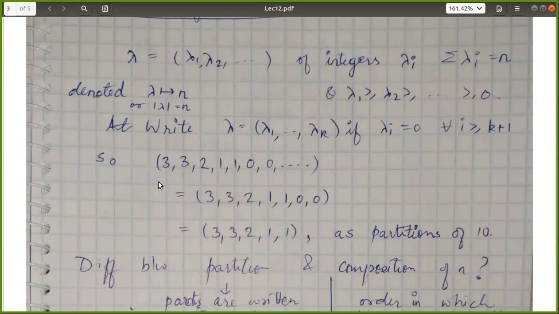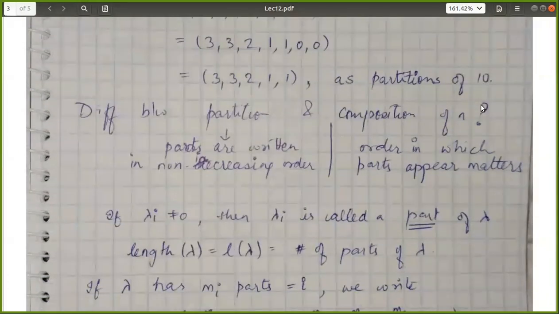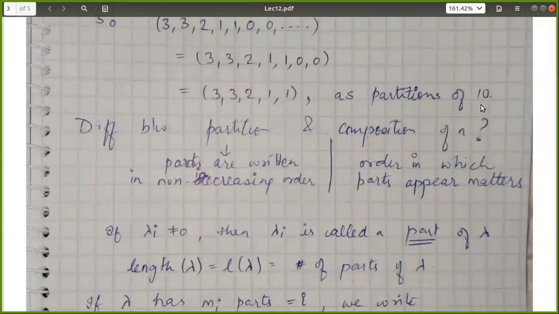Correct? So is this clear that the lambda i's which correspond to non-zero entries are called parts of lambda, and then the length of lambda is nothing but the number of parts of lambda, which means the number of non-zero entries in lambda.